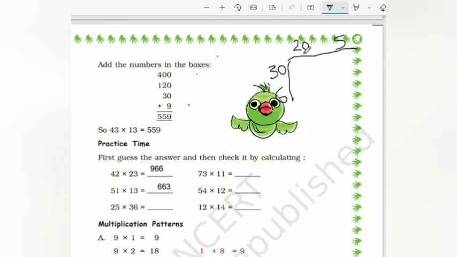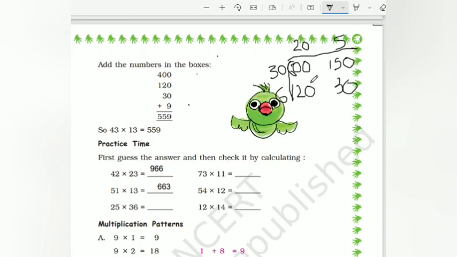So 20 into 30, that is 600. 2 into 3 is 6, adding 2 zeros. 30 into 5 is 150. 6 into 20 is 120. 6 into 5 is 30.